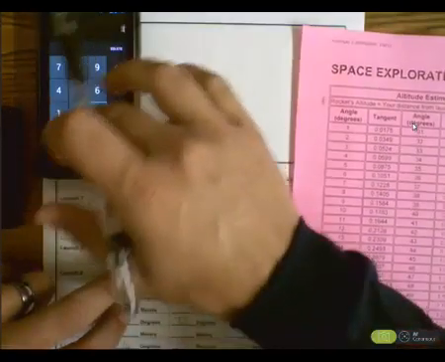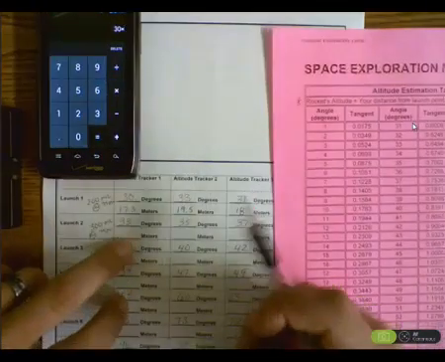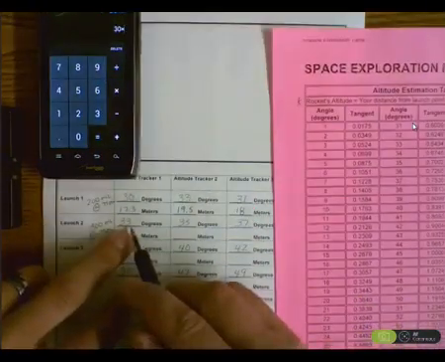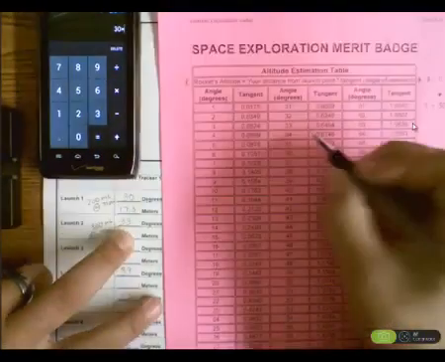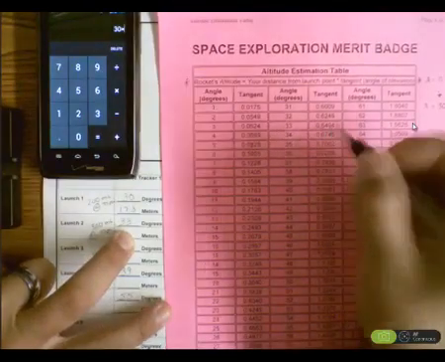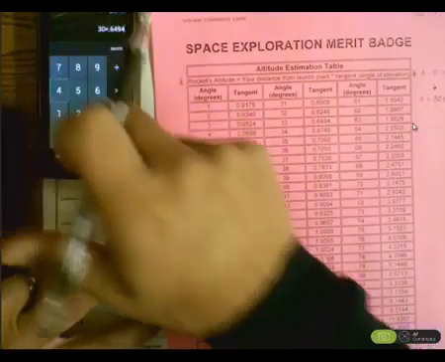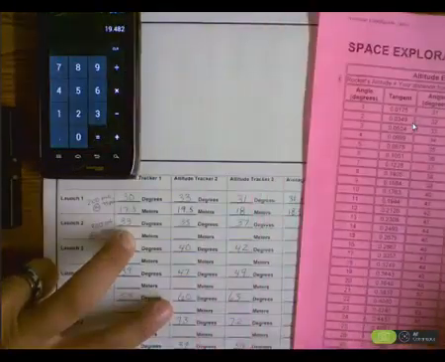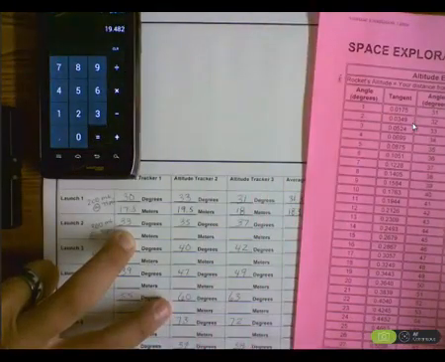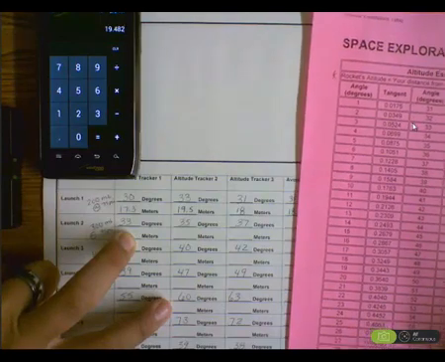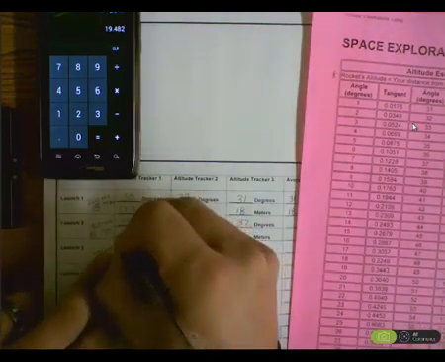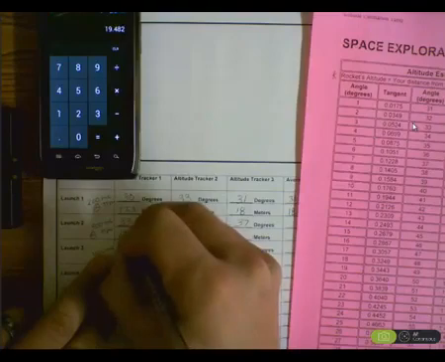So 30 times, I've got 33 degrees here. I go into my chart, I find 33. It's 0.6494. 30 times 0.6494 equals 19.48, and I'll round 19.48 up to 19.5.